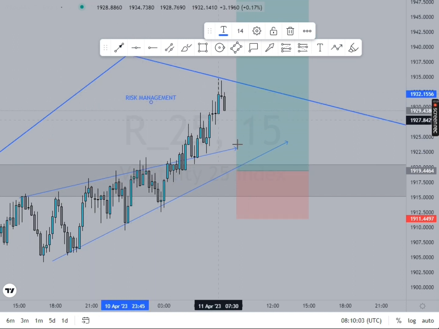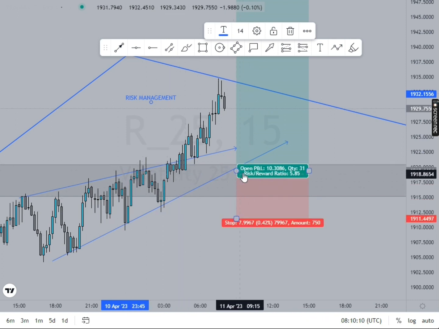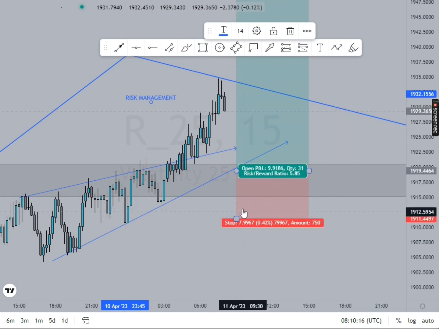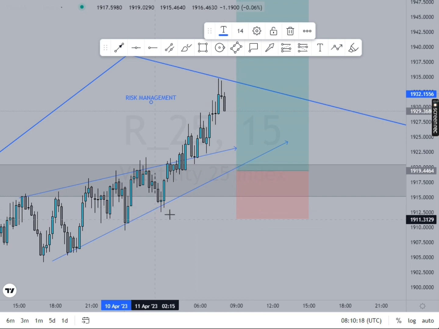You need to really understand, how is this pair moving? If I use this small lot size, how much money am I risking in just this small move from here to here? Is it something that I need to trade? If it's very volatile and your account size is small, stay away from it. There are other instruments like VIX 75 1S. Those are friendly.